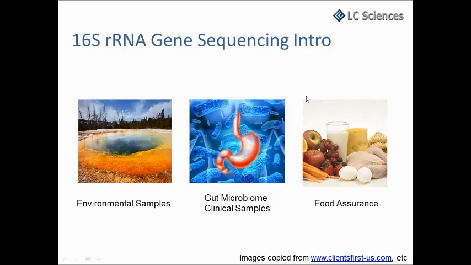So talking about 16S rRNA gene sequencing, we are looking at a bacteria mixture or maybe a microbiome. It's not a single colony anymore. The sample comes from environmental samples, or maybe from the gut microbiome, and also we normally want to check what the contamination in the food is and what the infection from our body is.